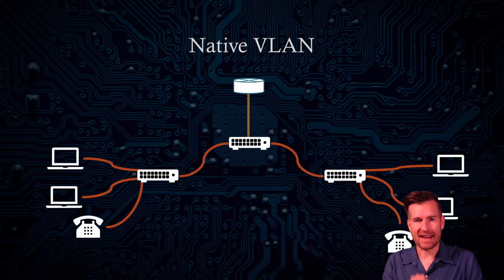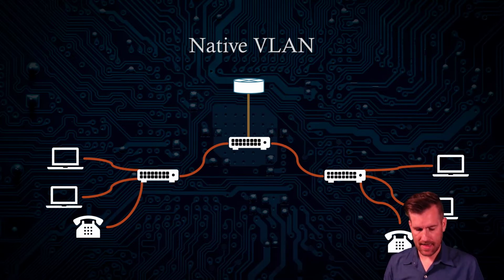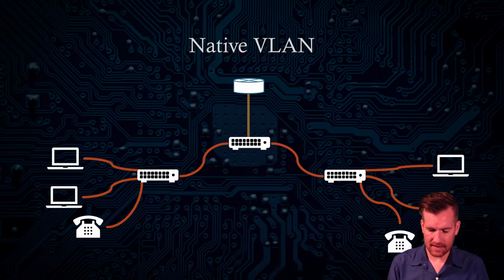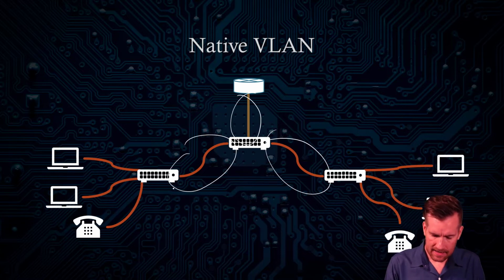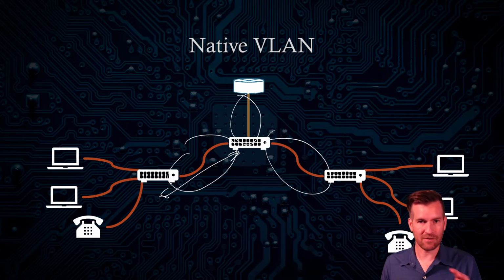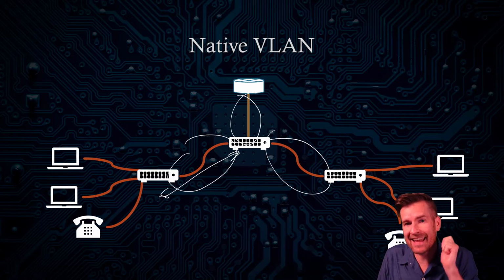Then you have native VLANs. The native VLAN is a per trunk VLAN. What do I mean by that? You will assign native VLANs on the trunk ports that you have. The idea behind this is that for any of the VLANs that get passed back and forth between two different devices, we have to tag that traffic.